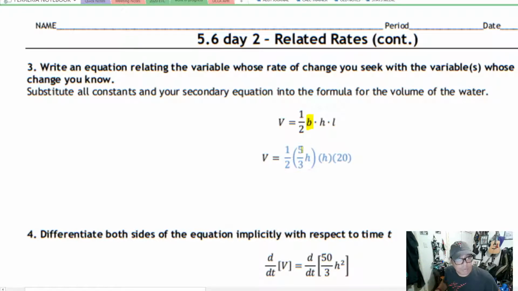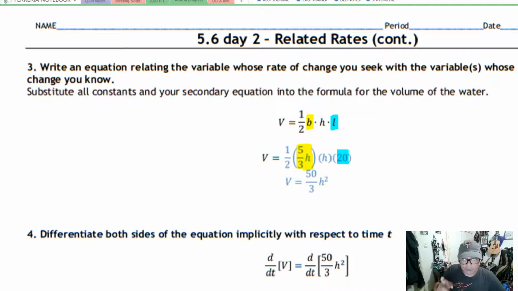B was 5/3 h. And then also L is 20. So half of b h L is half of 5/3 h times 20, which is just 50/3 h squared.